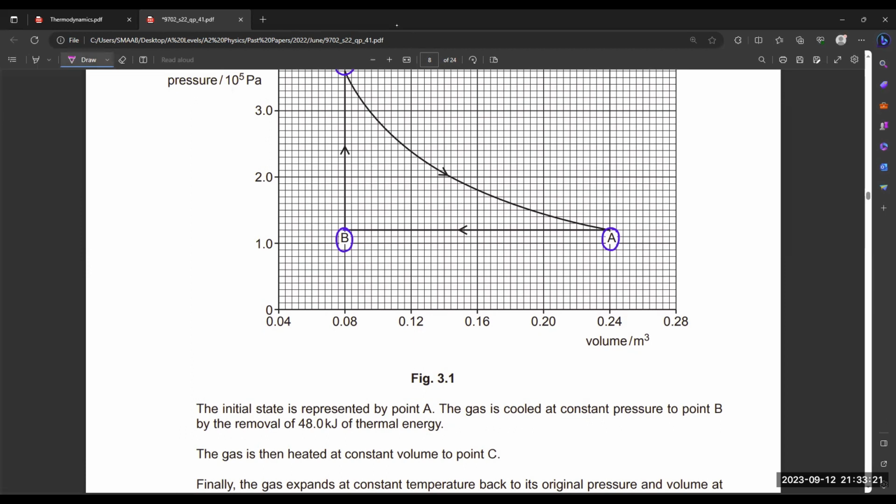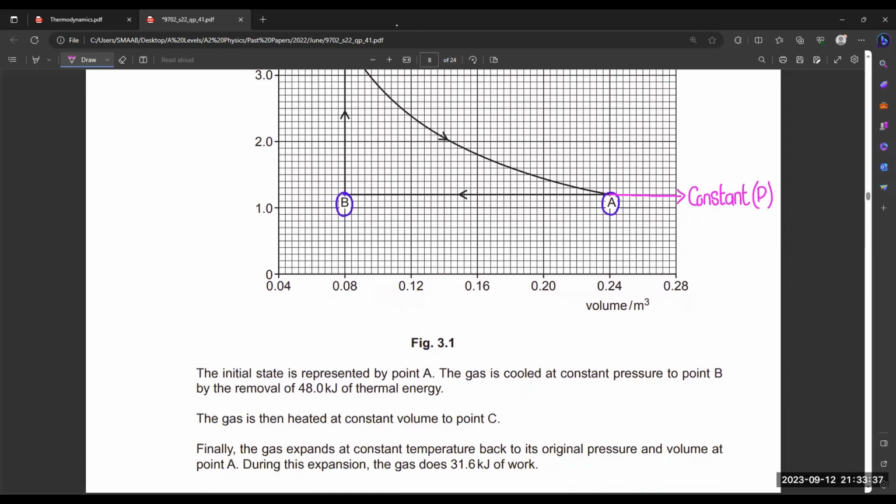Because the y-axis is not moving from A to B. So at constant pressure, we move from point A to B, and by the removal of energy, there is a value of 48 kilojoules, right?